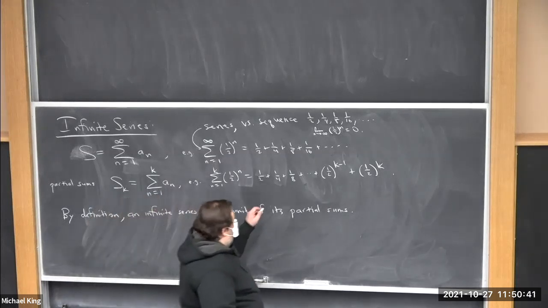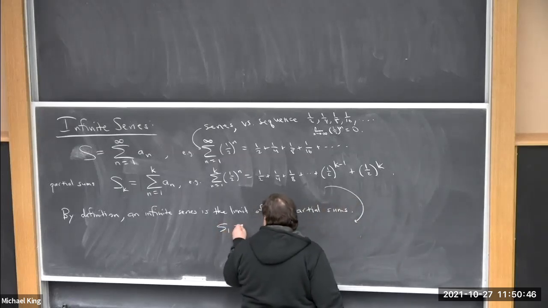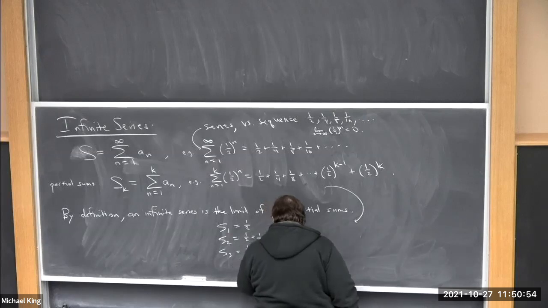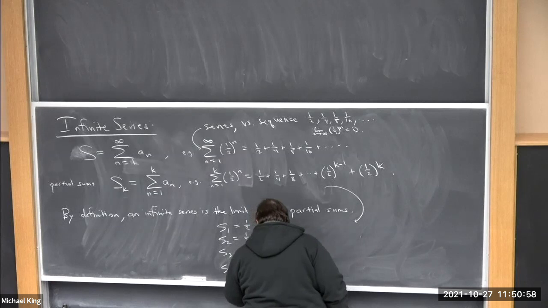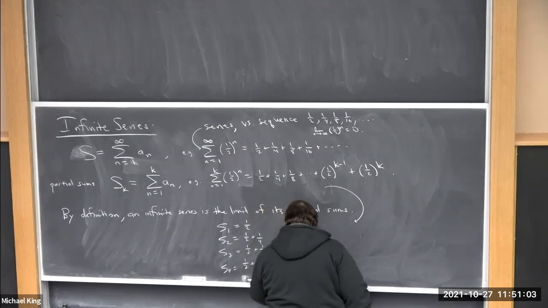If we listed the partial sums, S1 would be a half, S2 would be a half plus a quarter, S3 would be a half plus a quarter plus an eighth, S4 would be a half plus a quarter plus an eighth plus a 16th, and so on.